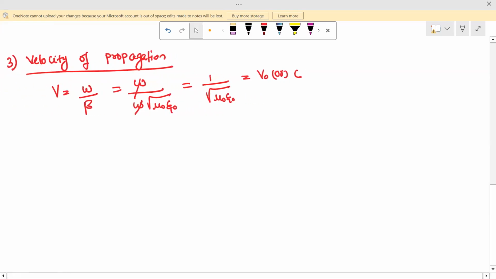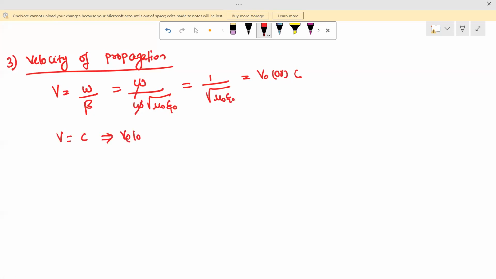So here the velocity of propagation V is equal to c, the velocity of light, which is equal to 3 into 10 power 8 meters per second.